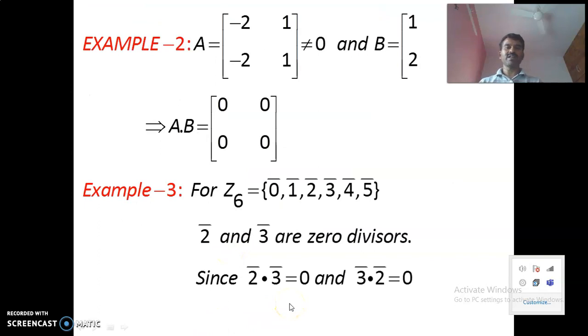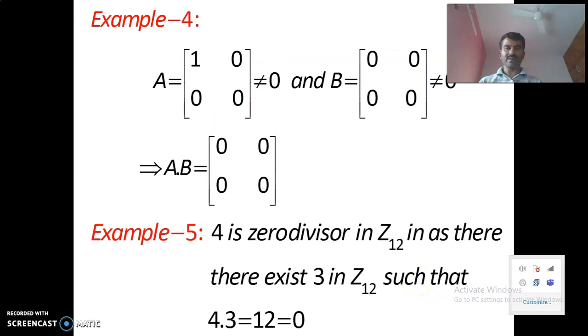Similarly you can take another example. As I told you, in previous slides we discussed Z6, in which 2 and 3 are zero divisors, because the product of these two, either 2.3 or 3.2, has remainder 0.